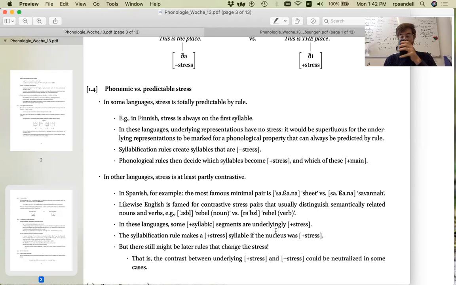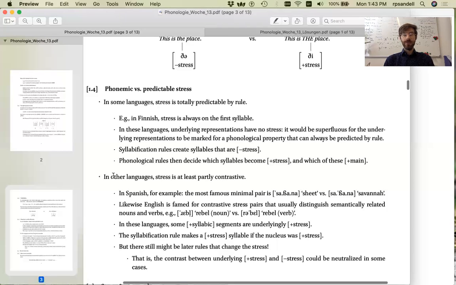So although there would need to be an underlying contrast between plus stress and minus stress vowels in English and Spanish, that contrast could be neutralized under certain conditions. An underlyingly plus stress syllable could be forced to become minus stress under certain conditions.